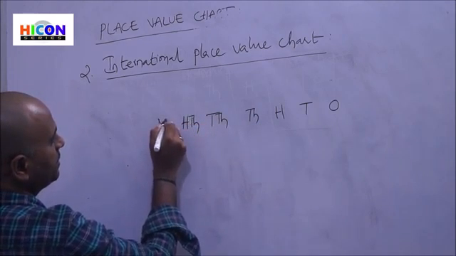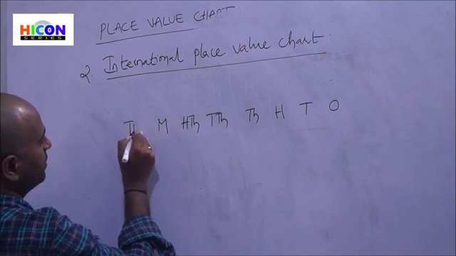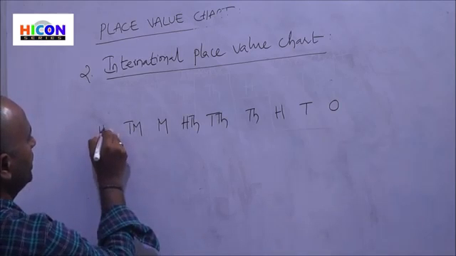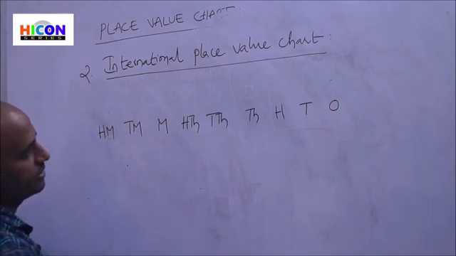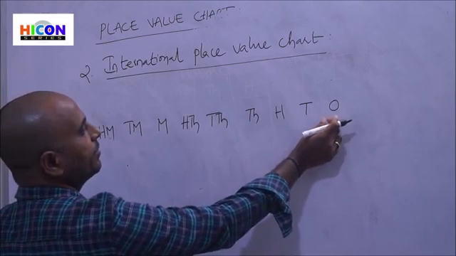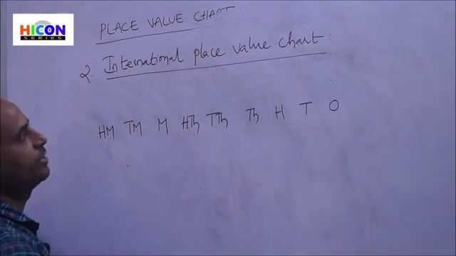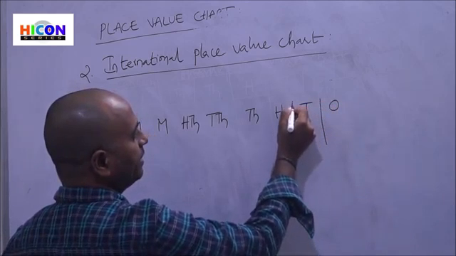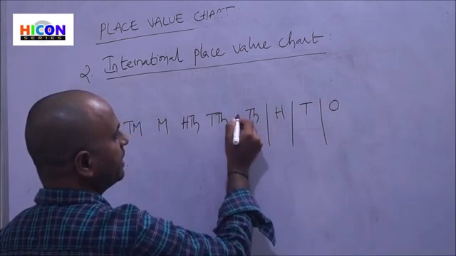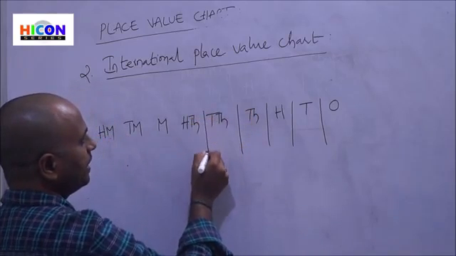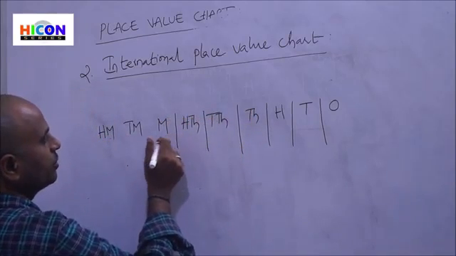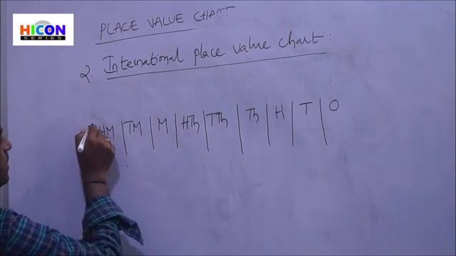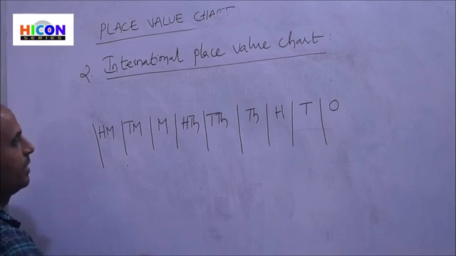Next, millions, 10 millions, and 100 millions. So these are the different places in the international place value chart. First is the ones place and tens place, then hundreds place, thousands place, 10,000s place, 100,000s place, millions place, 10 millions place, and 100 millions place.